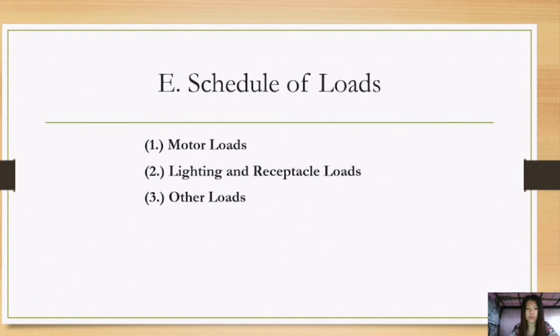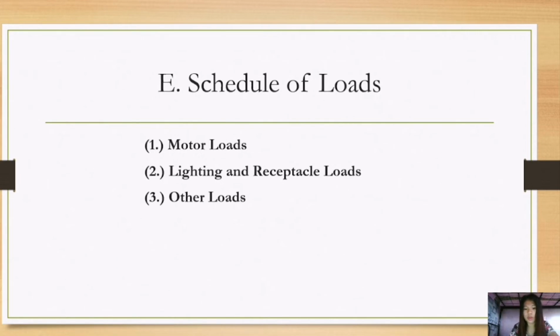So motor loads contains motors as numbered or identified in power layout, type of motor, horsepower, kilowatt, kilovolt, ampere rating, voltage rating, full load current rating, frequency rating other than 60 Hz, number of phases, type and size of wiring, protective device rating.